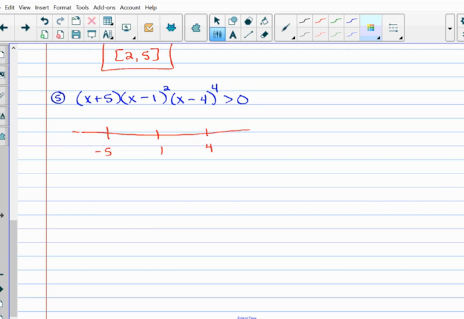I can test 0 this time, which is nice. 0 plus 5 is positive. 0 minus 1, that's -1, but then I square it, so it's going to become positive. 0 minus 4 is negative, but to the 4th is positive. So overall, what is that little region? Positive.